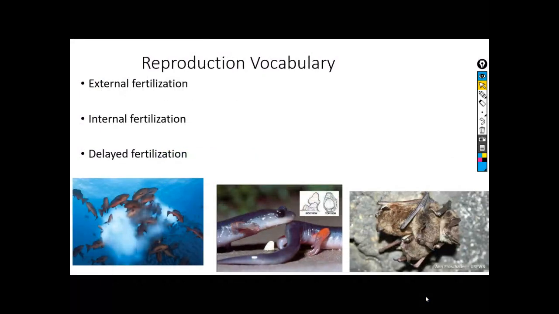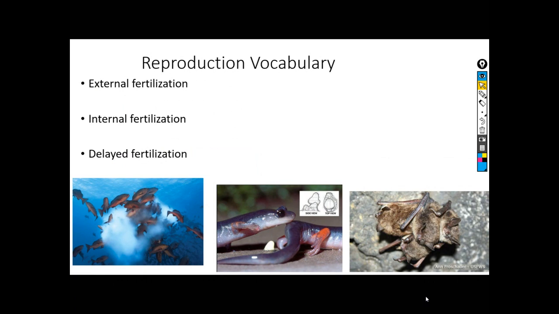Okay, so at the very end here then, we have a handful of terms left that we need to finish up our vocabulary, some of which will feel a little bit familiar. These are terms we're going to be using a lot, particularly in lab, as we start exploring our new organisms.